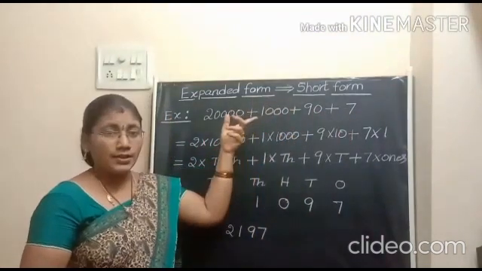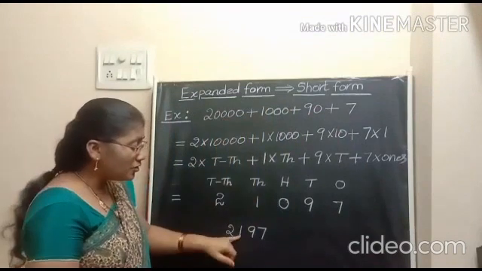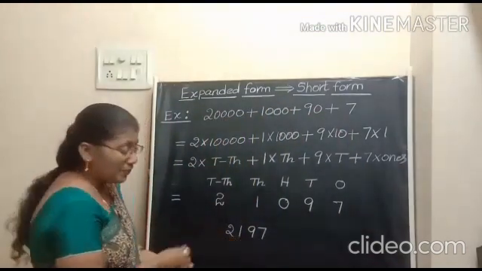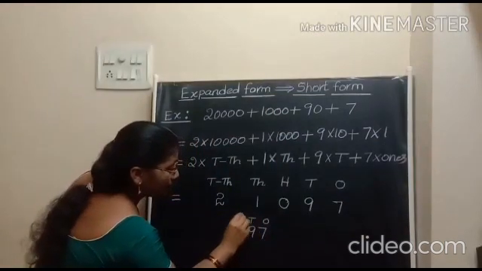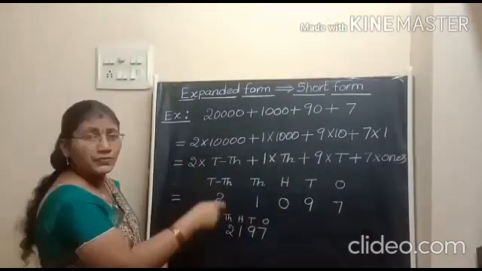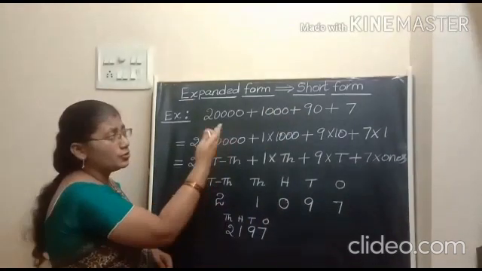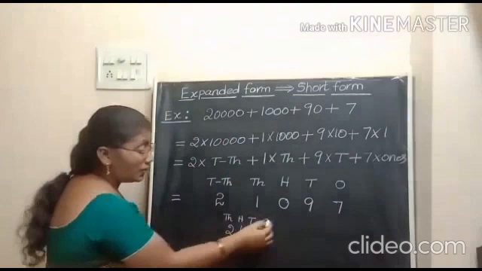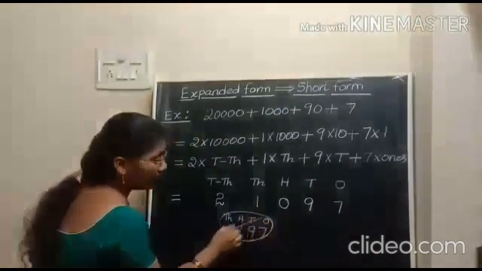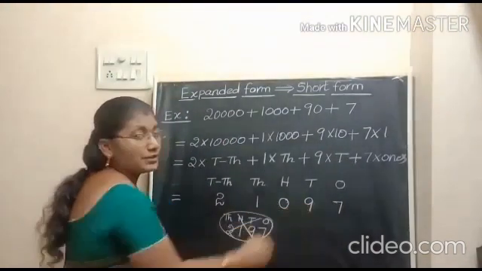There is no 100, so don't use 1 at the hundreds place. Ones, tens, hundreds, thousands. Is there any digit for hundreds? No digit. But you are writing 1. So, this is wrong. We should follow this order.